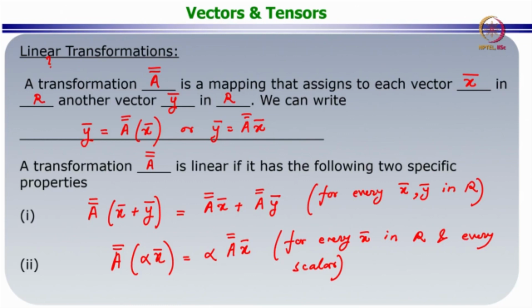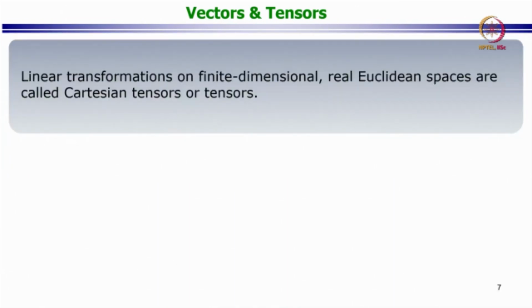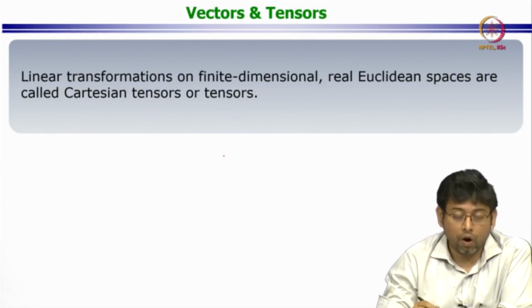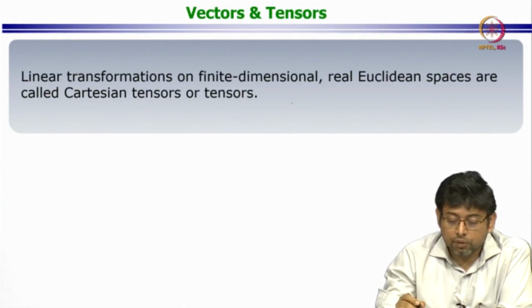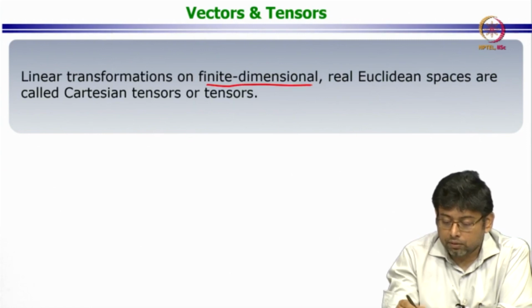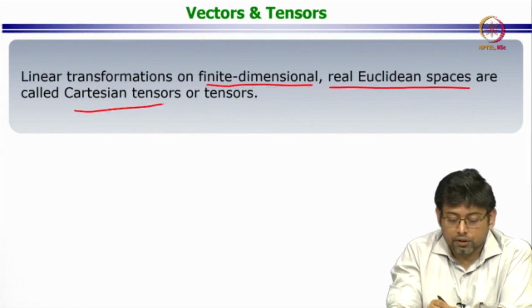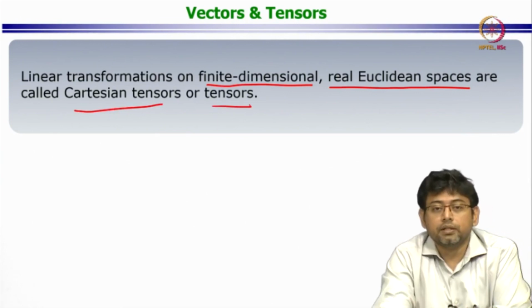Okay, so we have done linear transformations. Now this is a very important definition, and we are going to work with it a lot. Linear transformations on finite dimensional real Euclidean spaces are called Cartesian tensors, or simply tensors.